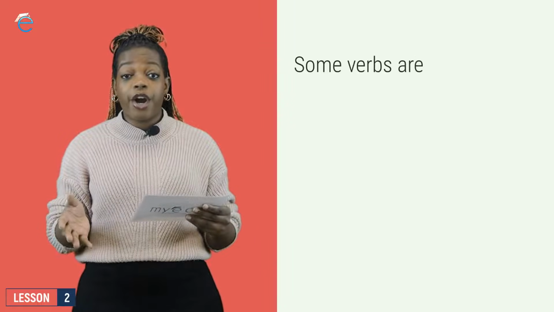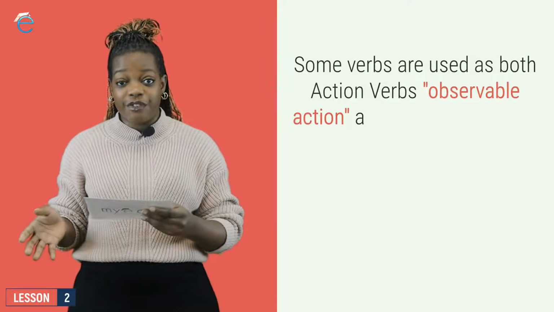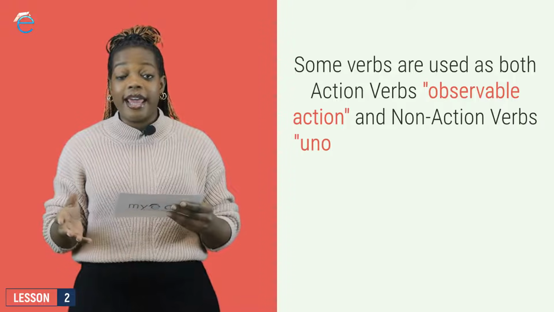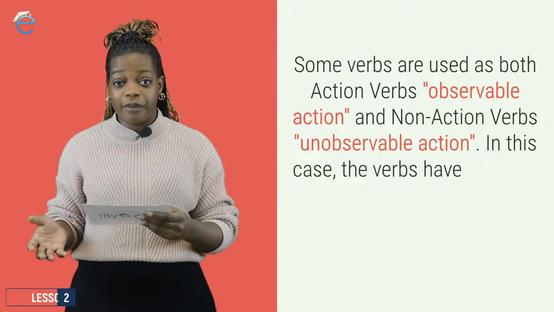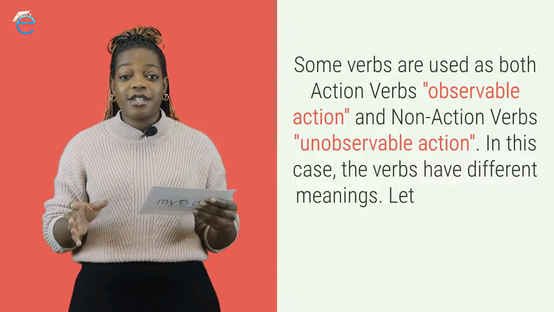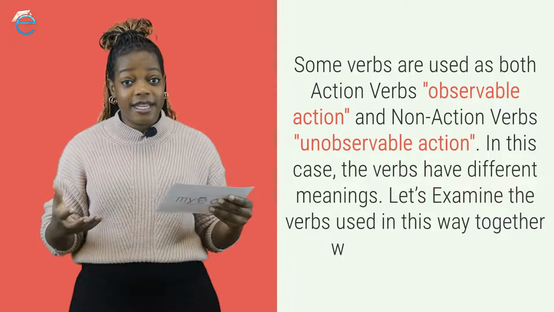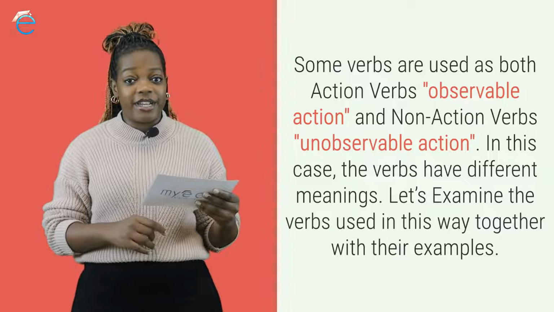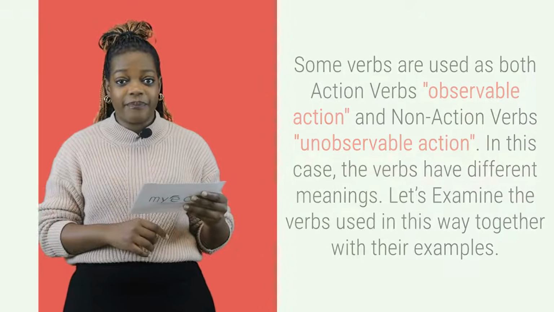Some verbs are non-action verbs and action verbs, meaning they can be unobservable and observable. In this case, the meaning of the sentence is different, and it's important for us to look at the context of the sentence.